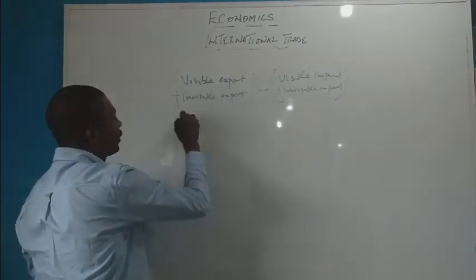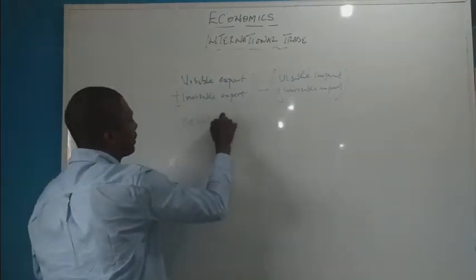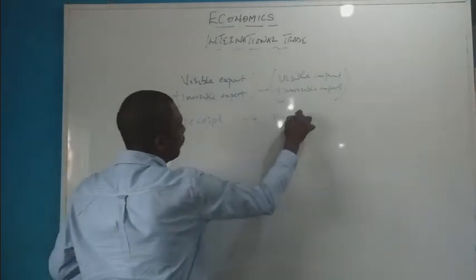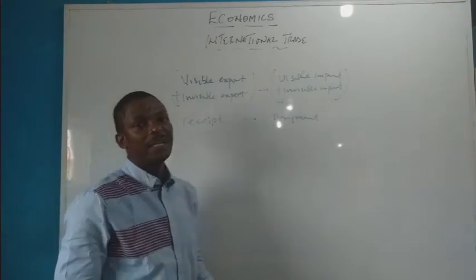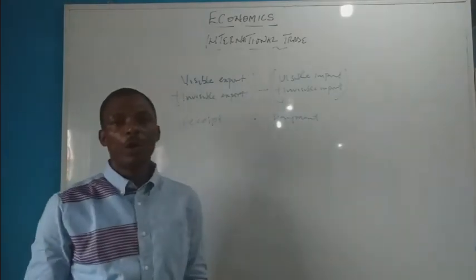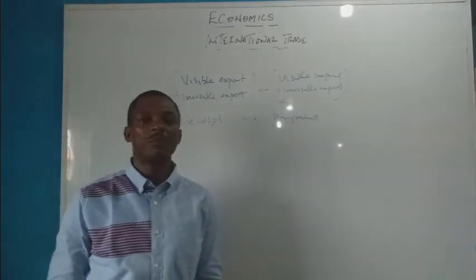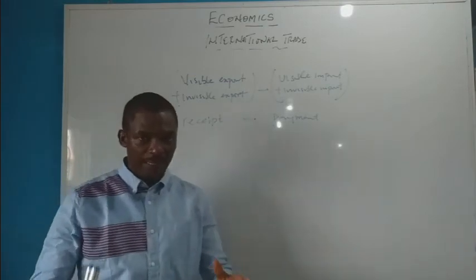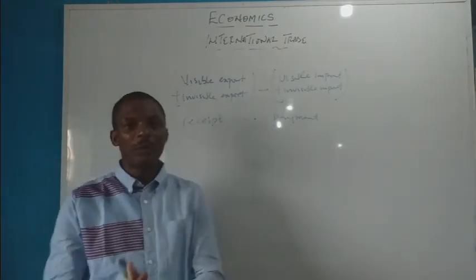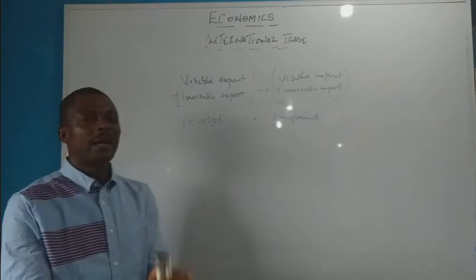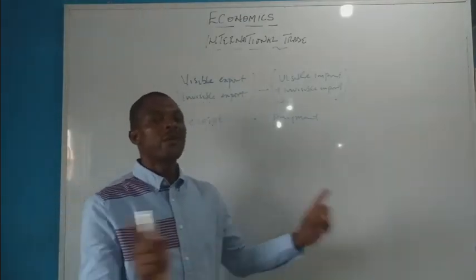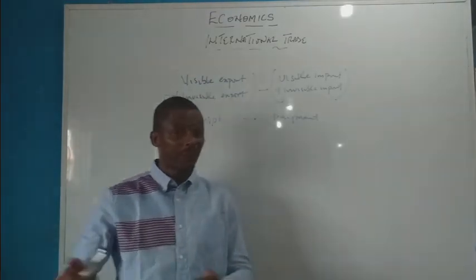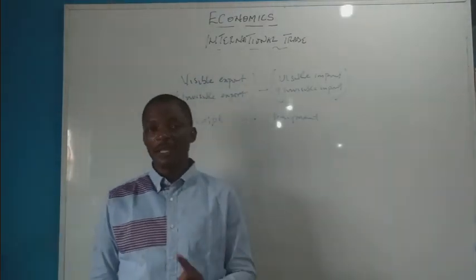This comprises what we call receipts minus your payments. And whatever you get will give you a balance of payment, either a deficit balance of payment or a favorable balance of payment. So your balance of payment can simply be defined as the comparison of a country's total receipts and her payment. And I also told you that the comparison can be either a favorable balance of payment or a deficit balance of payment. Is that clear?